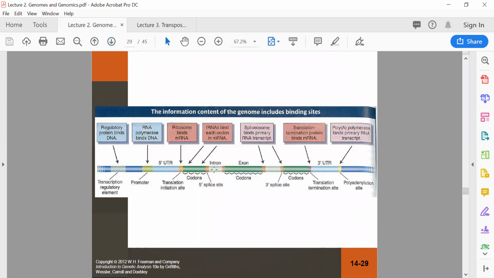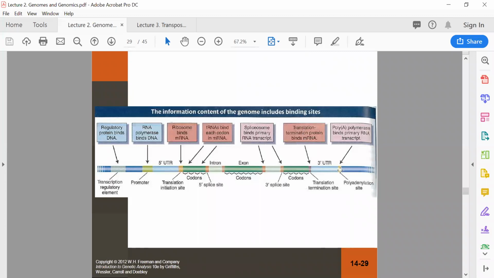When we're talking about the introns, where are the binding sites for this complex called the spliceosome that will actually cut out those introns from the RNA during RNA processing? Where is the translation termination binding site of that gene? What part of the DNA represents the 3' untranslated region?